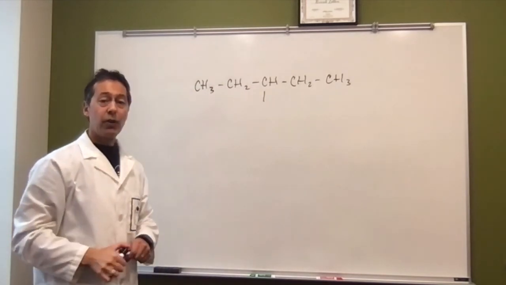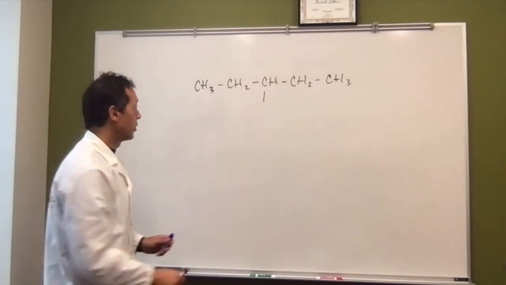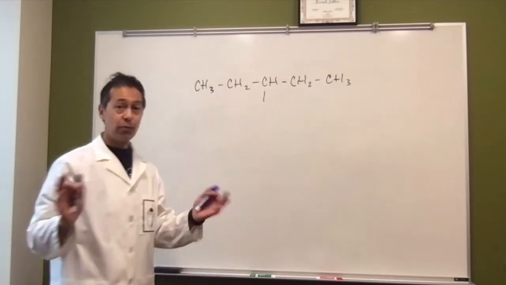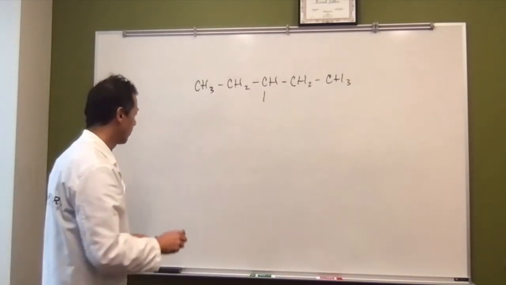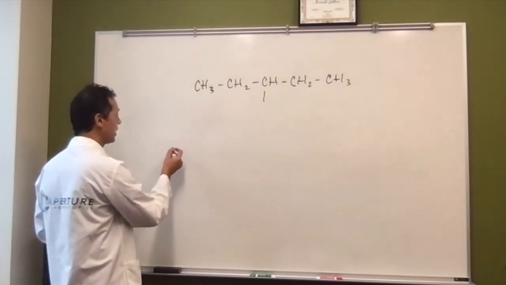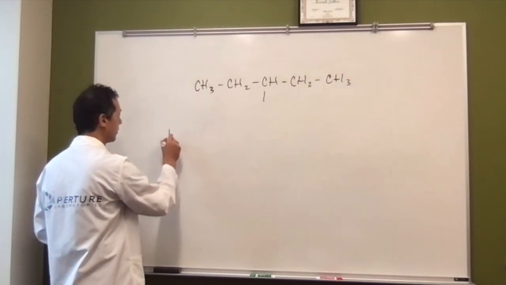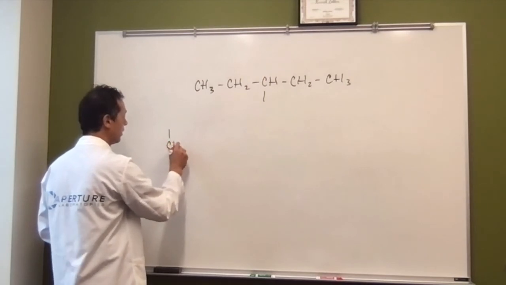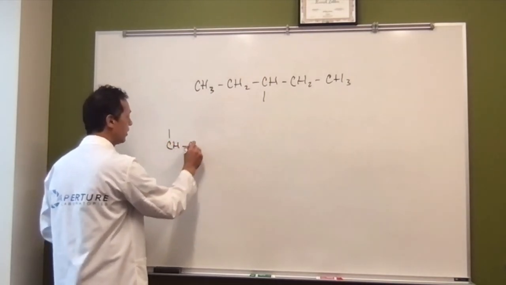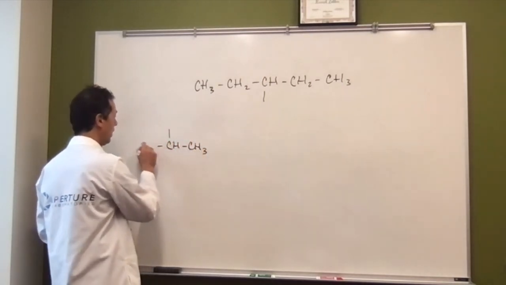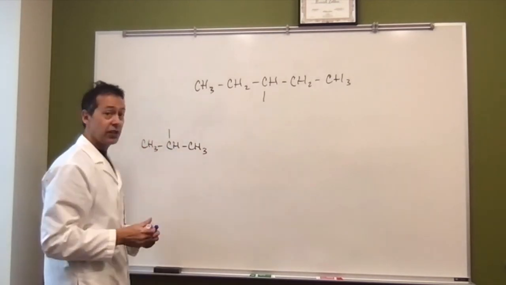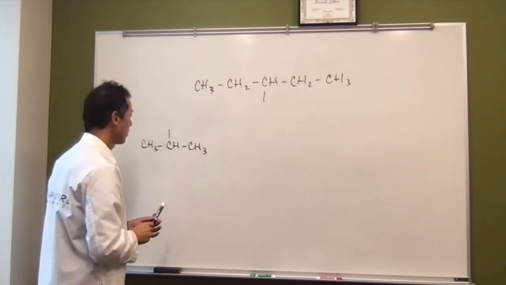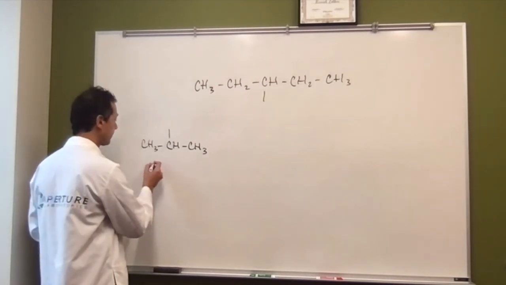Now we have some substituents that might be attached to this that have some branches of their own, which makes things a little bit funny looking. So for example, if I have 3 carbon atoms like this, carbon and then CH3 and a CH3, this has a fancy name. This one is called isopropyl.